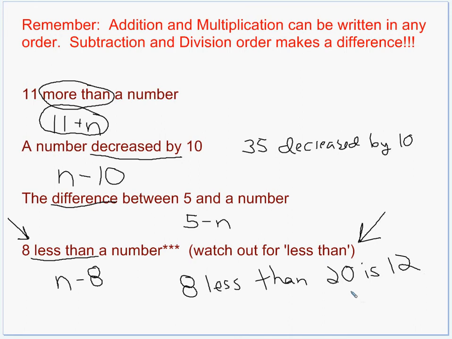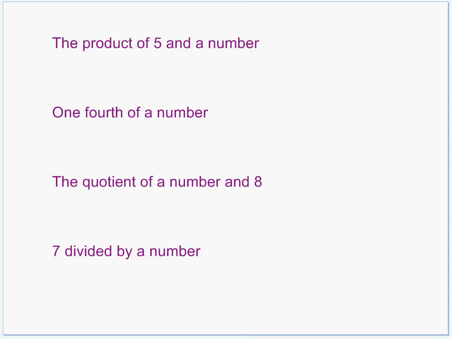Okay, so what order is this going to go in? What order? Yeah, 20 minus 8 is what you're going to have to do. Less than, you always flip them around. Okay? Alright, let's go on to a couple more examples here.